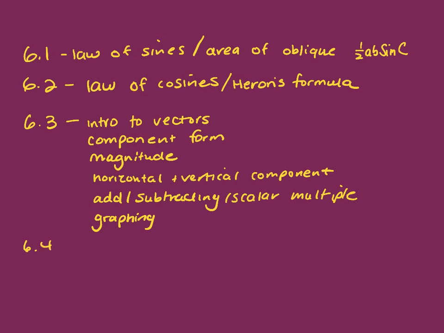6-4 was dot product, angle between, and applications of dot product, like if I had 2u·v, something like that, you could keep going. Victor, stay with us. And then 6-5 is what we just did.